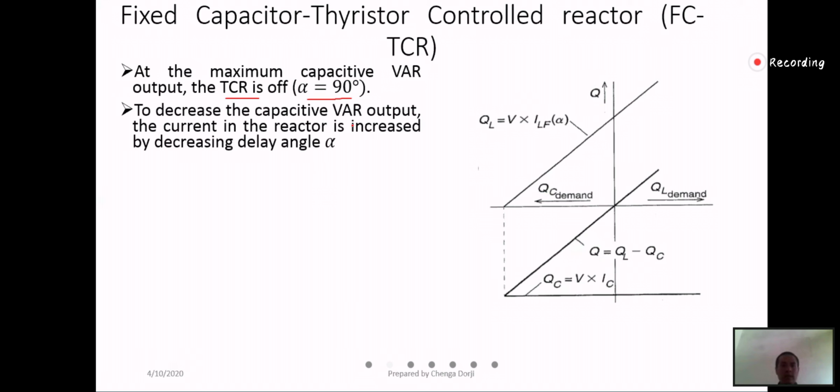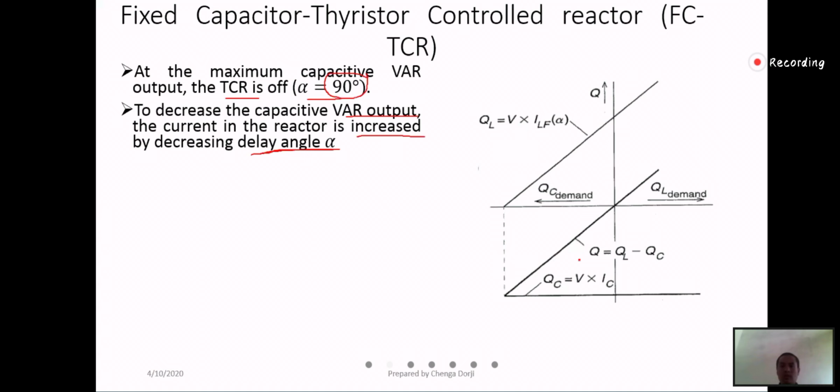To decrease the capacitive var output, the current in the reactor is increased by decreasing the delay angle alpha. If you decrease alpha below 90 degrees, you can decrease the capacitive output.